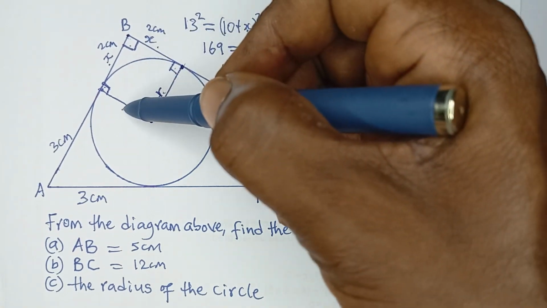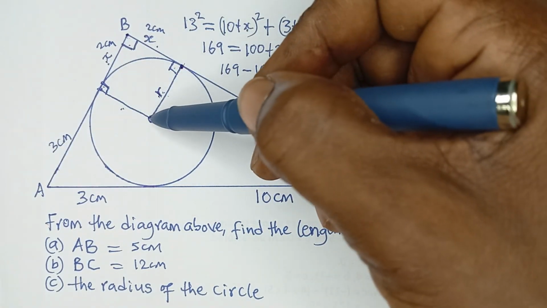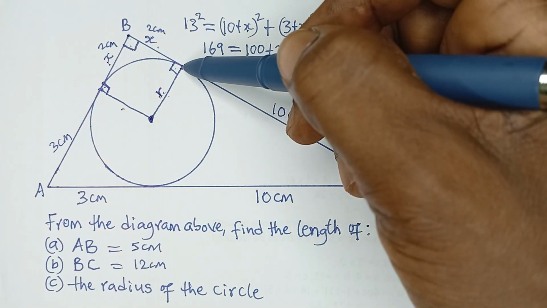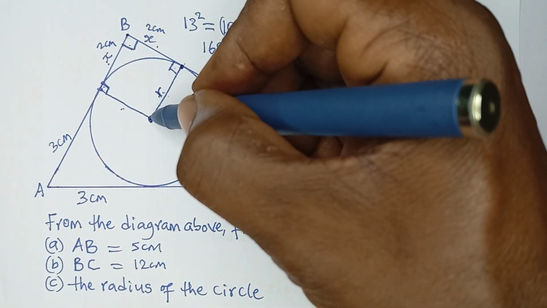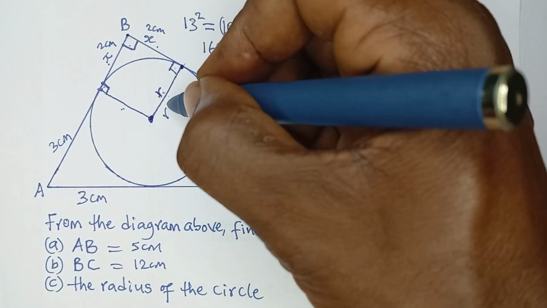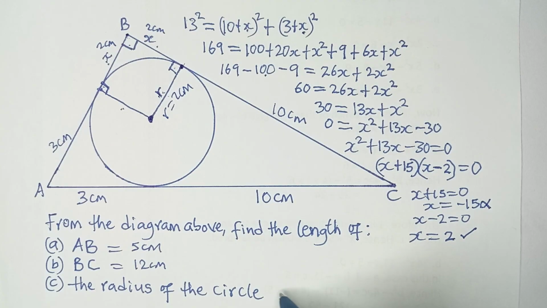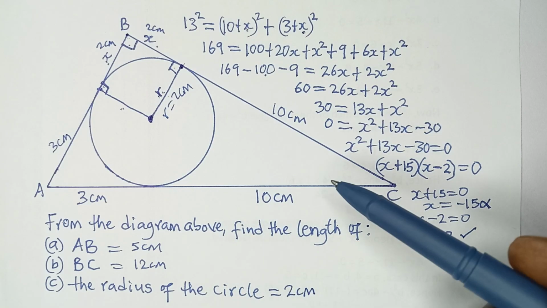So this is x, this is x, this is x, this is x. So this radius is also equal to x, which means that the radius of the circle is 2 centimeters. So I can conclude and say radius is equal to 2 centimeters as our final answer.